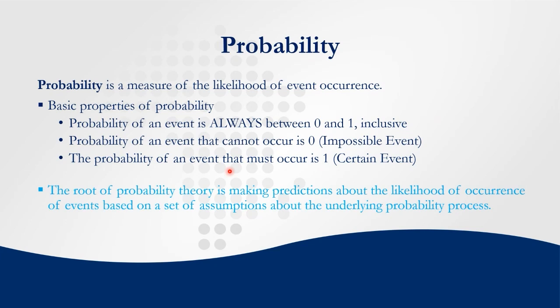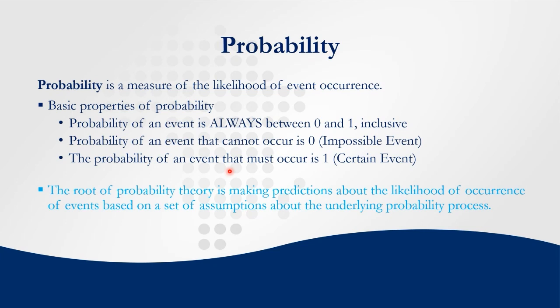Whatever probability, whether it's the probability of type 1 error, the probability that the outcome is by chance, which is the p-value, or the probability of type 2 error, whenever we talk about a probability, you must be thinking in your mind about a number that is between 0 and 1.